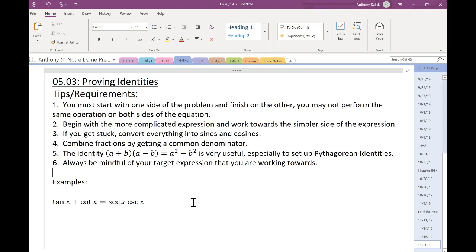So if you have that with you, my suggestion would be to take that out and have it out on your desk while we're doing these things, because it'll help you go back and forth looking at your identity sheet. This is how we get better at remembering what these are or what we can do with them, is to just play along while we're doing things. So again, I highly recommend that you have that out and you're looking at it when we do things.